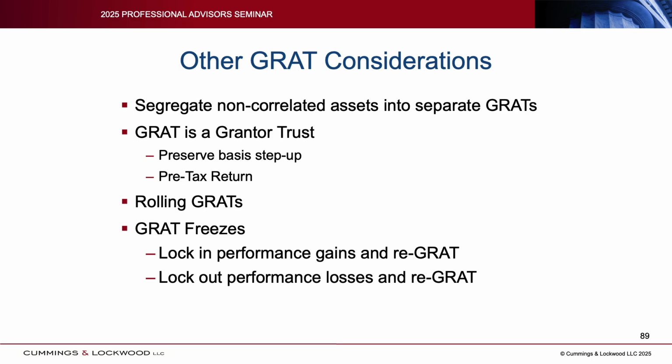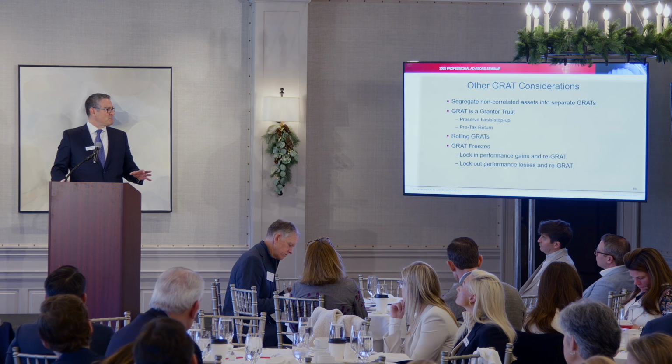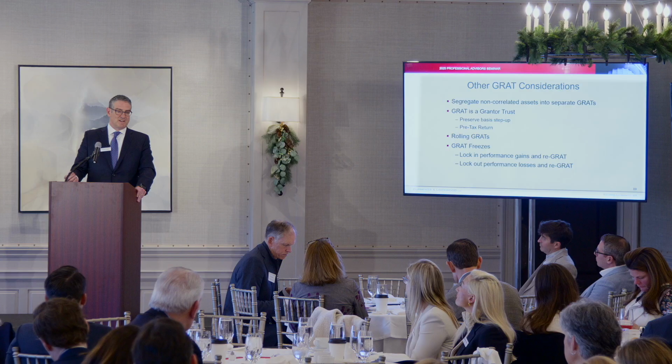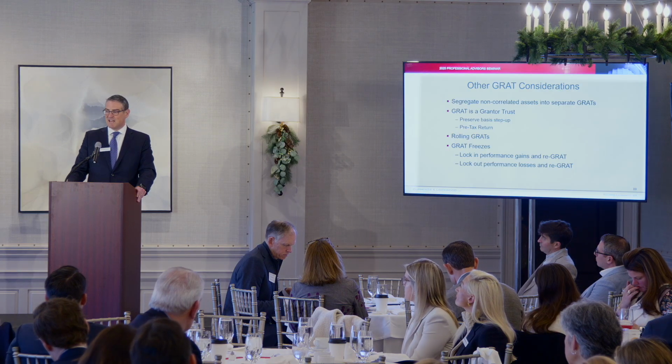What that means, just for people that don't have a lot of experience with grantor trust, is that the grantor is responsible for paying the taxes on the dividends and interest and capital gains that are earned inside the trust. So when we're trying to beat that 4.6% 7520 rate, we're comparing a pre-tax rate of return because the GRAT gets to keep the full return. The grantor is going to pay the taxes. So that helps us beat that hurdle rate.